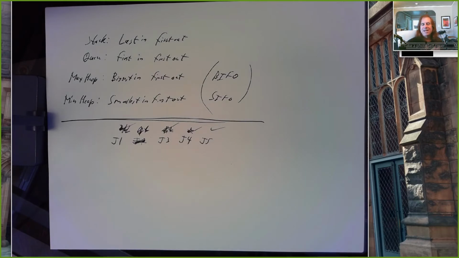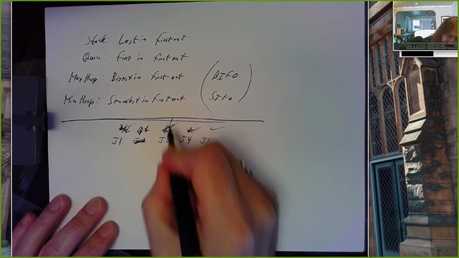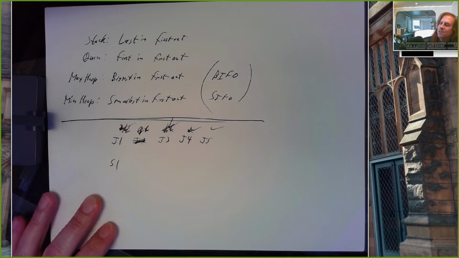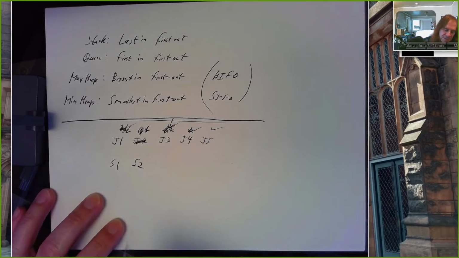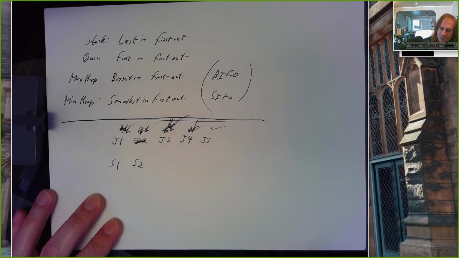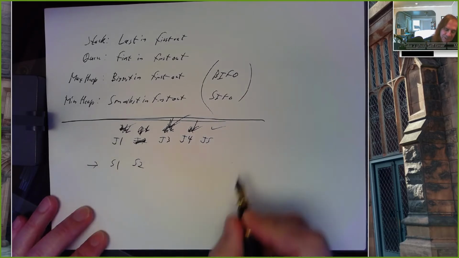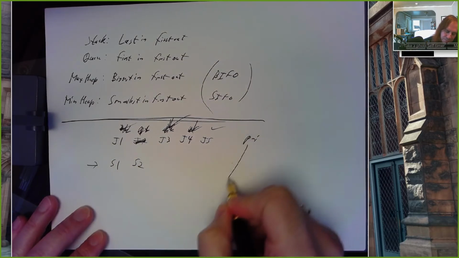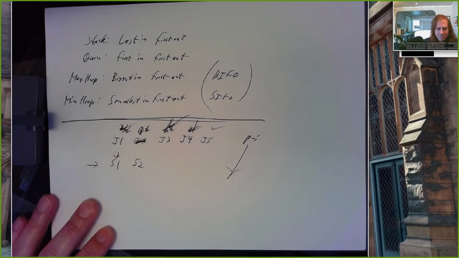Well, while this is happening, there's system level events that take place, and these might be higher priority jobs. So maybe while job 3 is executing, system job 1 comes in, followed by system job 2. So when job 3 finishes, instead of going on to the next thing in this queue, the system would say, hey, there's something in this higher priority queue, and it would go ahead and start executing system job 1.